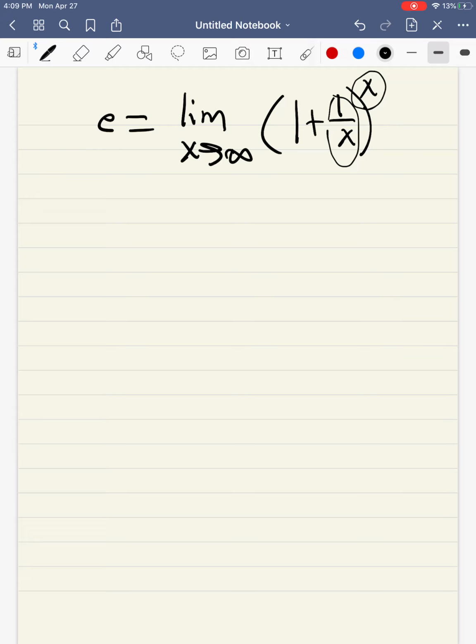So if you put this in the table in the calculator like they show on page 522, we're going to go into y equals and put in parentheses 1 plus 1 divided by x, close the parentheses, raised to the x power.